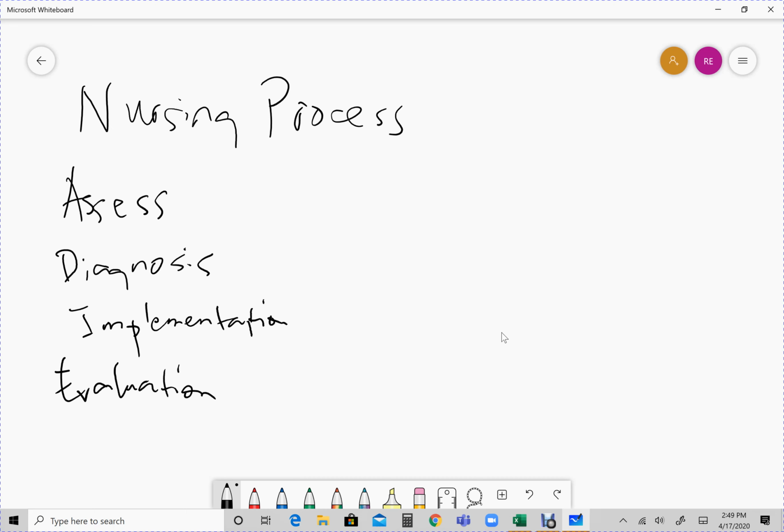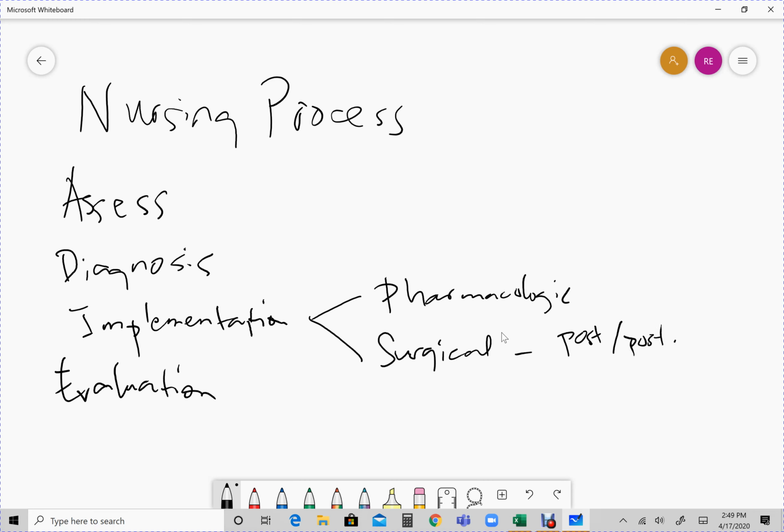Implementation obviously are nursing actions, and nursing actions include pharmacologic, and then we have surgical management.